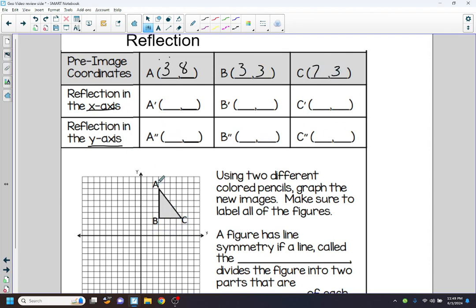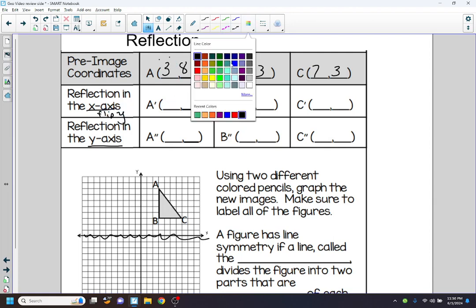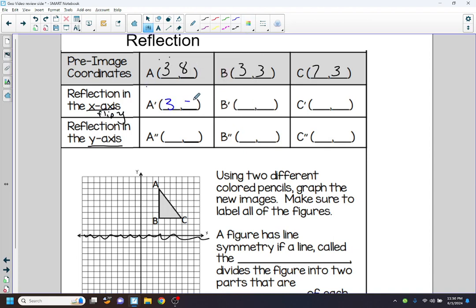All right, when I reflect over the x-axis, that means everything is going to go over here. It's going to get flipped, right? Because it's getting flipped, it looks like my y values are the things that are changing. So when I reflect over the x-axis, I flip my y value. That means this is going to become 3 comma negative 8, 3 comma negative 3, and 7 comma negative 3.